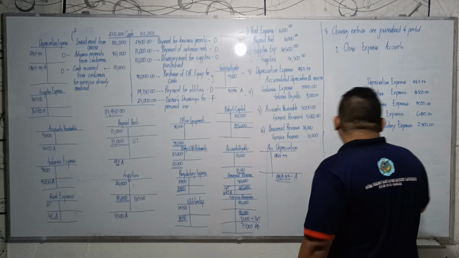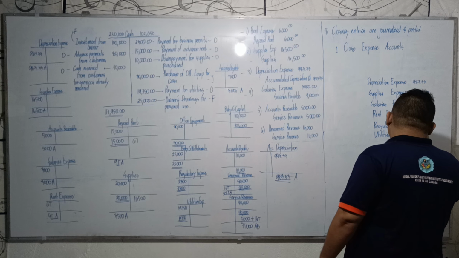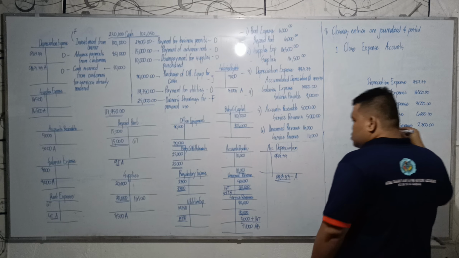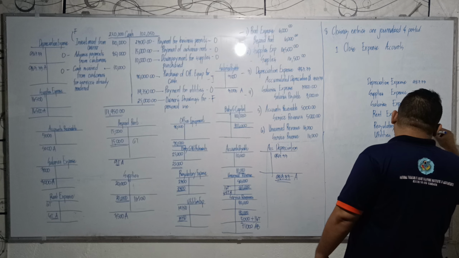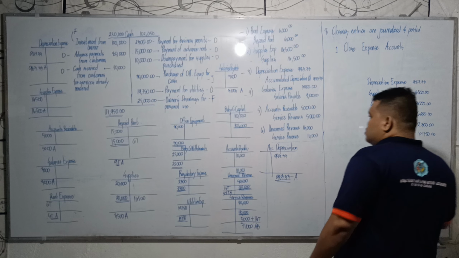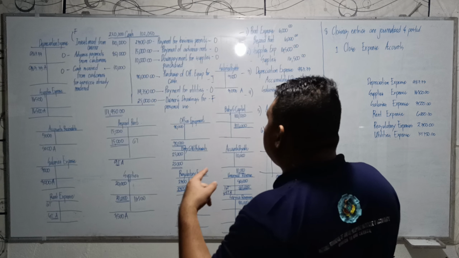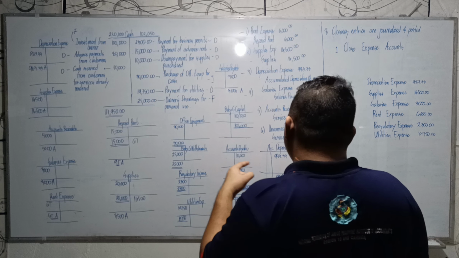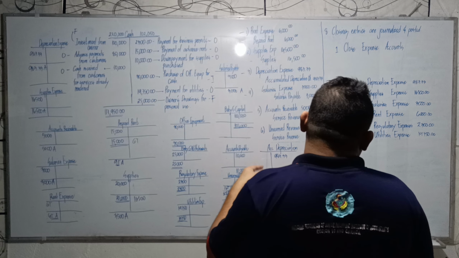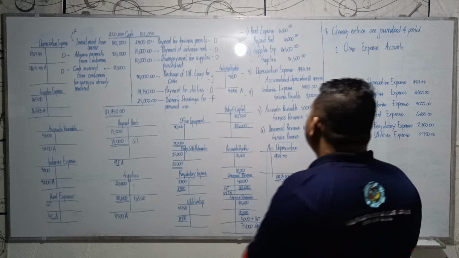And we have utilities expense. How much is that? That's 19,750. I guess those are all the expense accounts. We have depreciation, supplies, salaries, rent, regulatory expenses, and utilities expenses. I guess that's it.